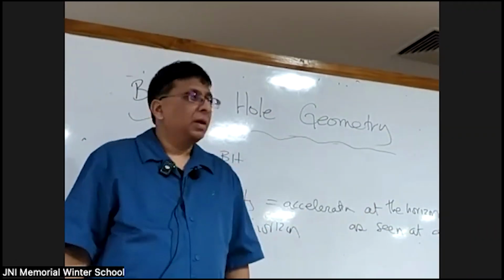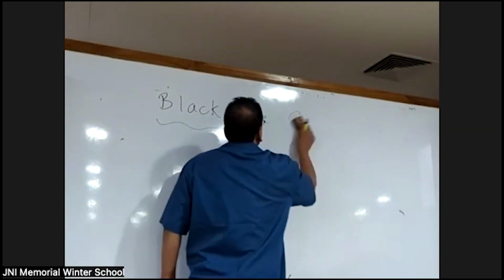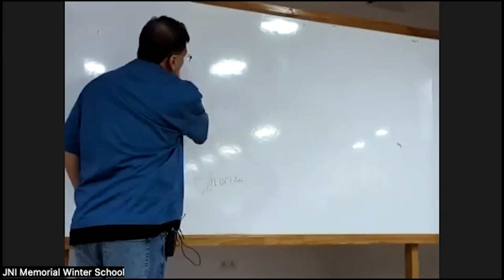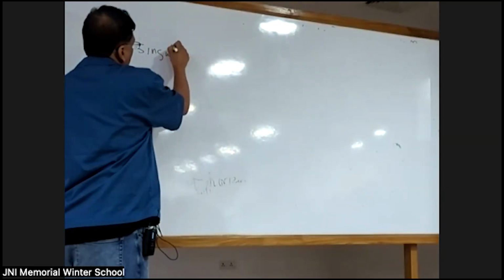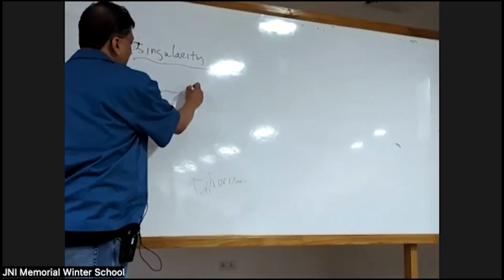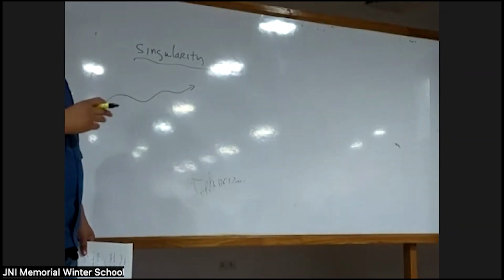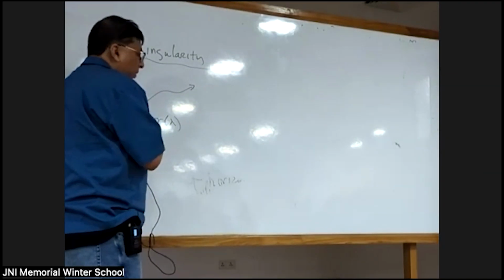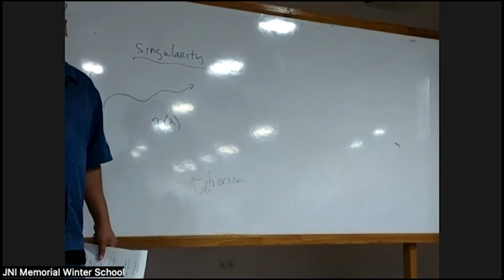But mathematically, we say we have a singularity when you're moving on a curve, a path, parameterized by some parameter lambda, let's say an affine parameter.